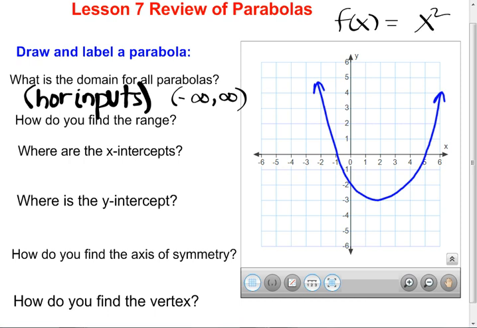Okay, how do you find the range? What is range? You're right, it's the vertical, and it's the outputs. Once you choose an input, it's what the output is. So the range will be the y values. And how do I find it? I find either the lowest or the highest point on the graph.